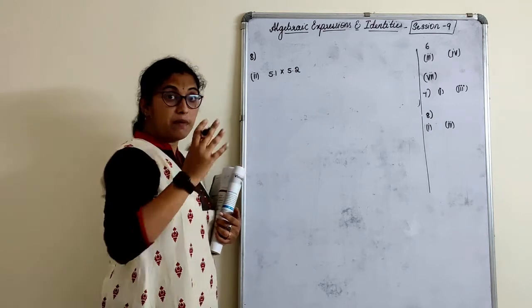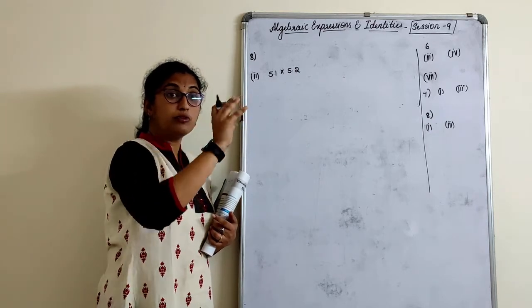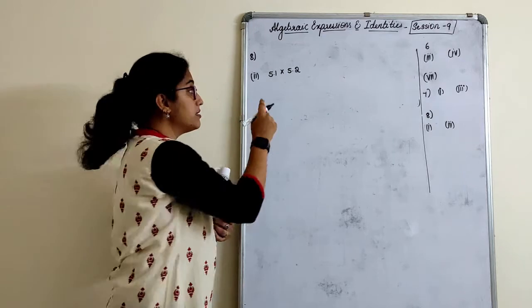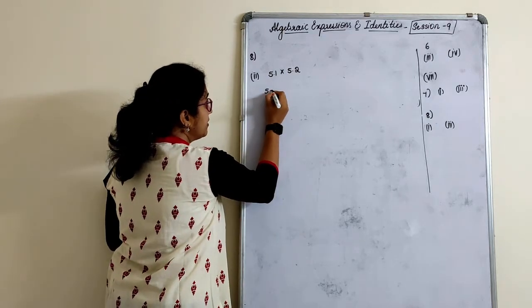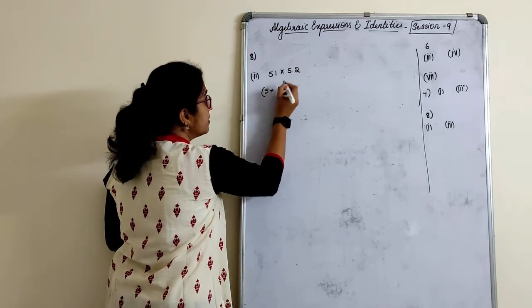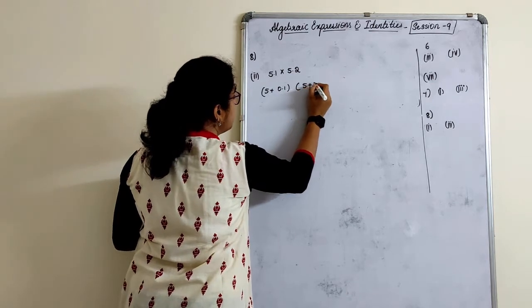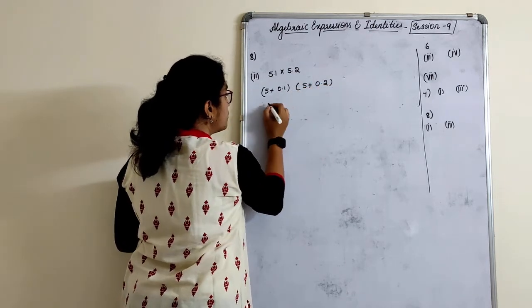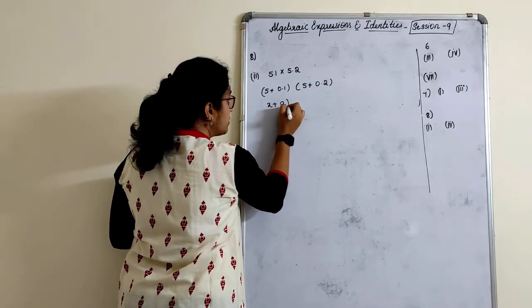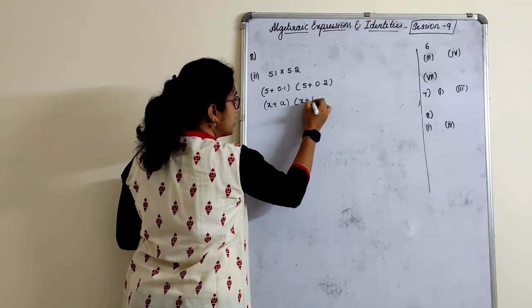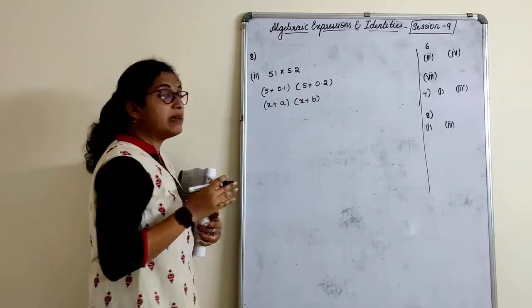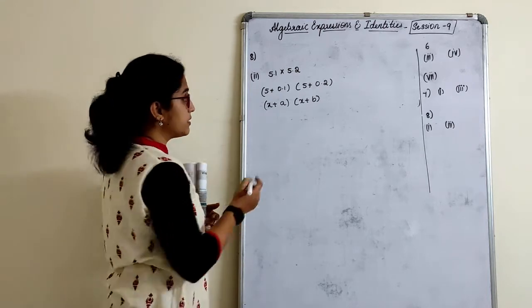But if it is a plus b, a minus b, your terms will be one plus and one minus. Now see here, 5 plus 0.1 and 5 plus 0.2. Of course, this is of the form x plus a, x plus b. Then this should have been 5 minus 0.1 if that was the case.